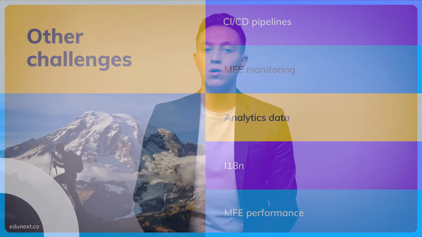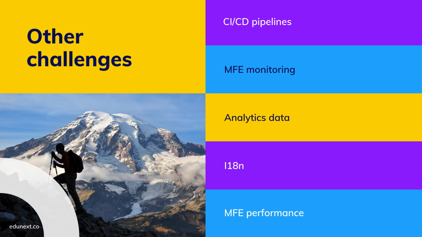Now we have identified other challenges that you probably face when your microfrontend is already on your production environment. The first challenge is to enable some CI and CD pipelines. This is related to continuous integration and continuous delivery pipelines.